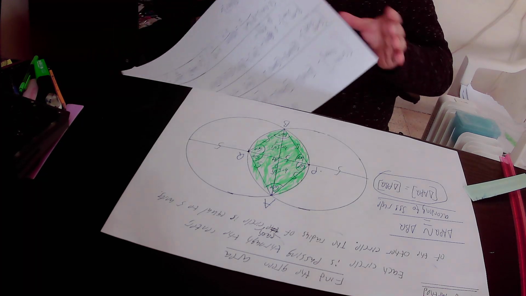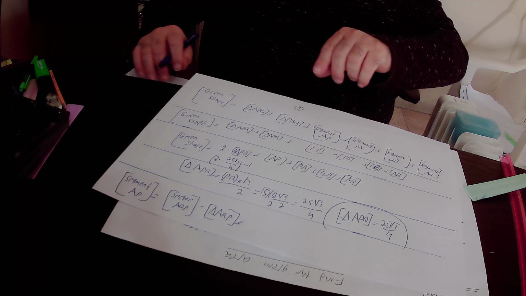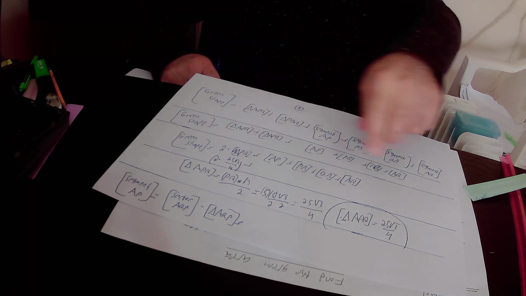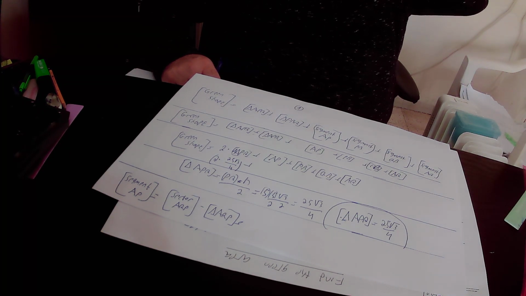I'll repeat again. The area of segment AP equals the area of sector AQP minus the area of triangle AQP.